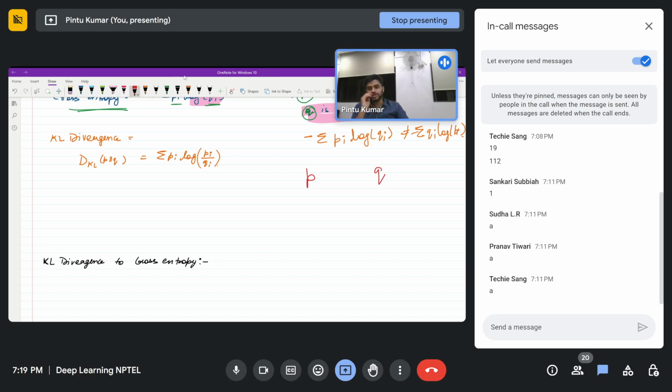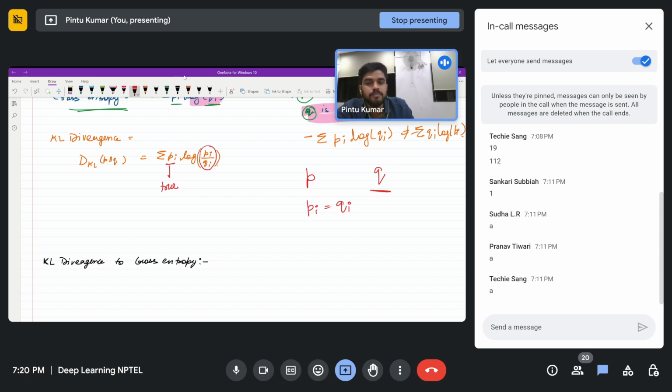Okay, in order to do so, they find something known as KL divergence. Again, your P is your true distribution, and you are trying to estimate P via your Q, and then you want to check how close you have reached to P. So if your Pi is equal to Qi, then what would happen to this particular term over here?